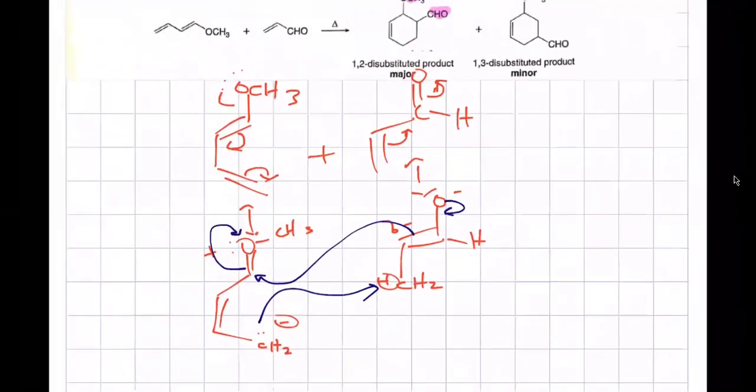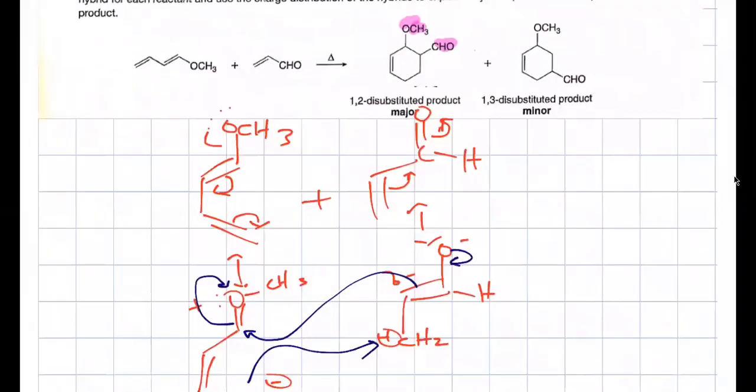This is based on, again, what you've done is you basically forced the hand of the reaction because you put a donor on the diene and you put an acceptor on the dienophile, right? So you change the electronics of the reaction. And in doing that, you get to now pick which product you want to make, right?